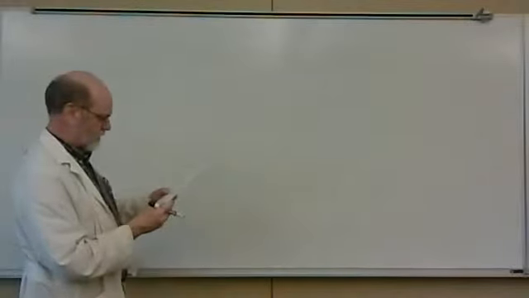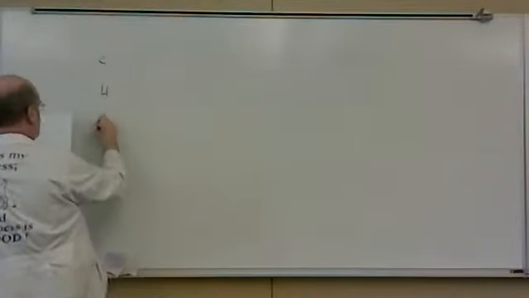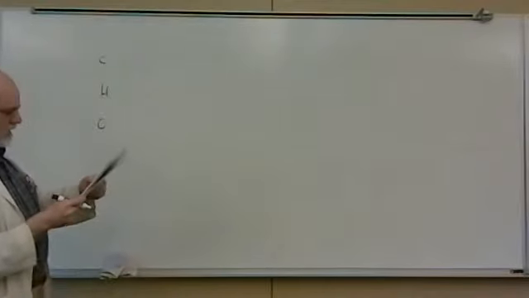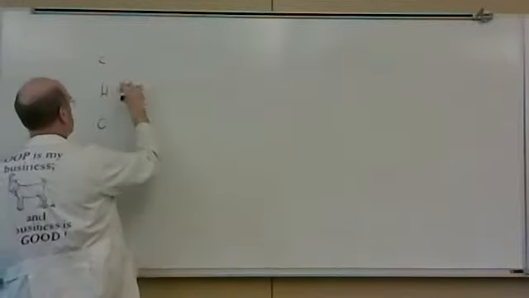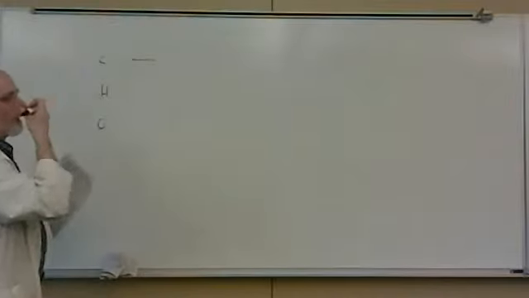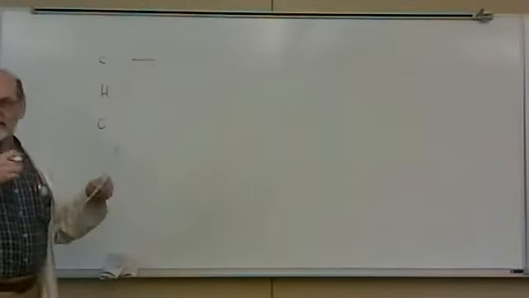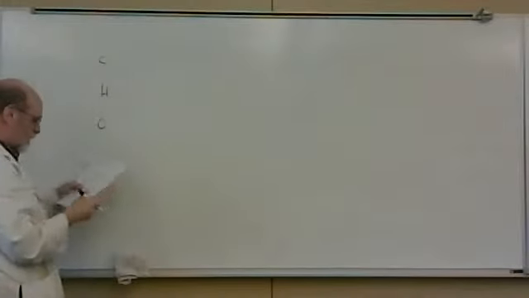So let's see if I can do this without my cheat sheet. What are we given? Carbon, hydrogen, and oxygen. The total mass is 1 gram. So if we want to know the percentage of each one, it's going to be whatever we collect. Actually, it's more complicated than that. So hold that thought a minute.